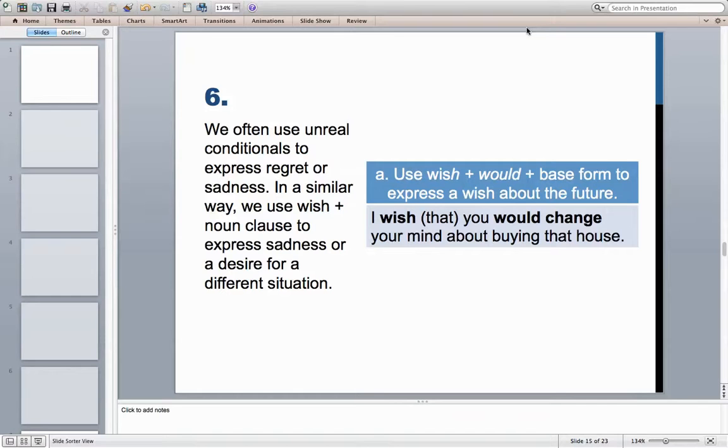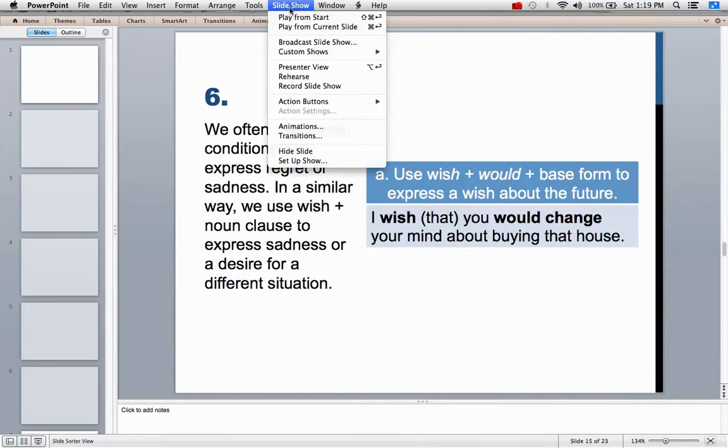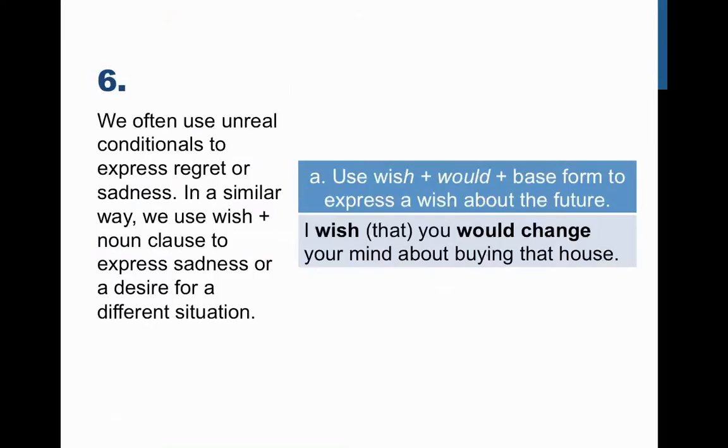Okay, that was a typo that I had to fix there. Let's go back and get our slideshow going. I can use wish and then would and the base form to express a wish about the future. I wish that you would change your mind about buying that house.